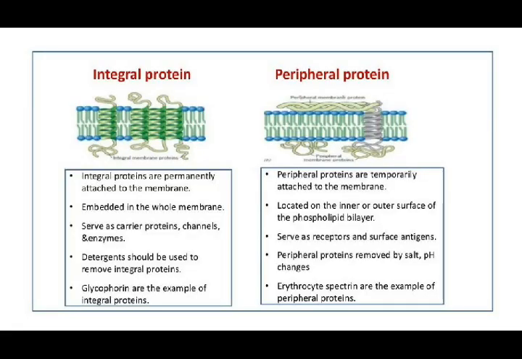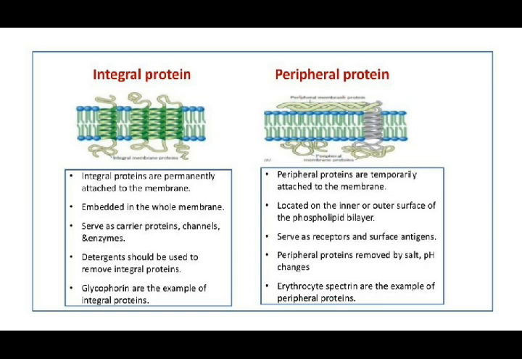Integral protein. Integral proteins are permanently attached to the membrane, embedded in the whole membrane, and serve as carrier proteins, channels or enzymes. Detergent should be used to remove the integral protein. Glycophorin is an example of an integral protein.